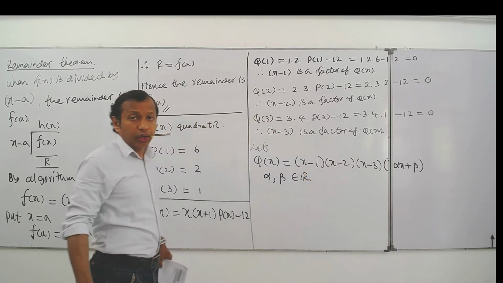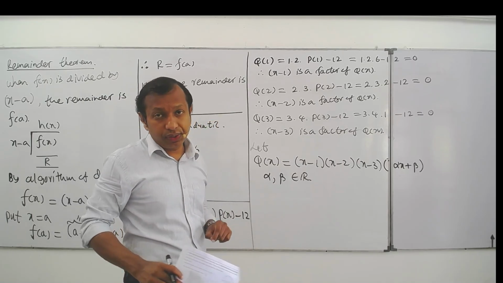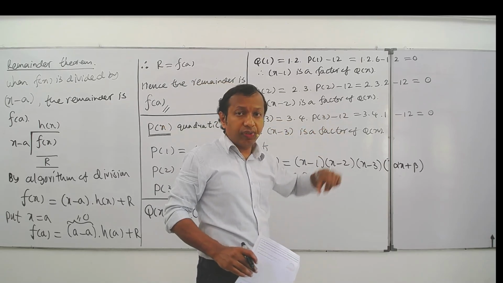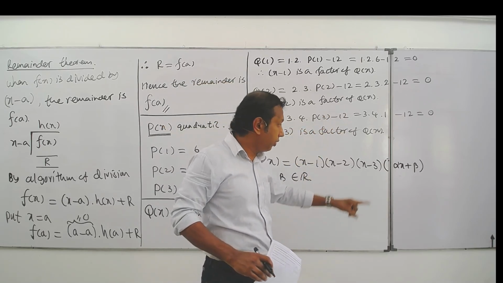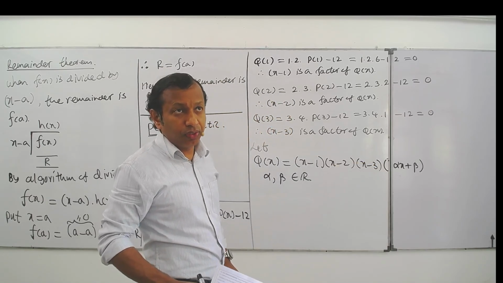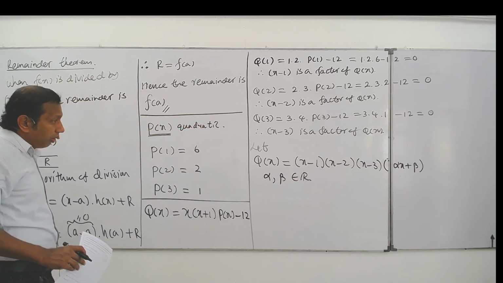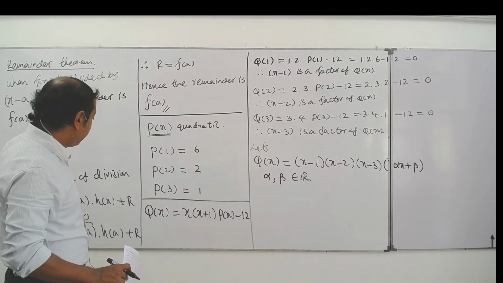Q(x) is 4th degree, therefore it should have 4 linear factors. We found 3 linear factors, therefore it should have one more. That is the one I assume as alpha x plus beta. Alpha and beta are 2 real numbers. We have to evaluate them. So, let's see how to evaluate them.